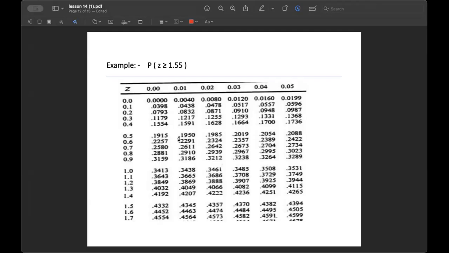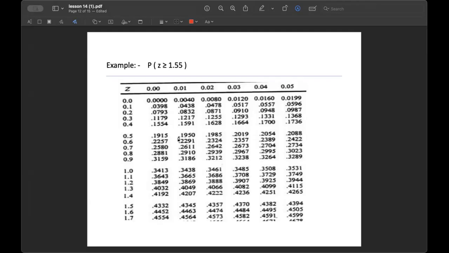Now we can't always put these into the formula and get the values. So there's a data table, the normal distribution table, from which we can read the probability values.